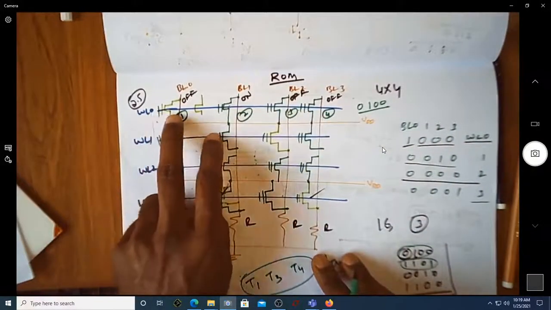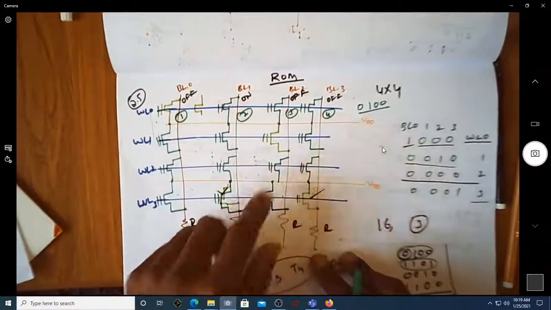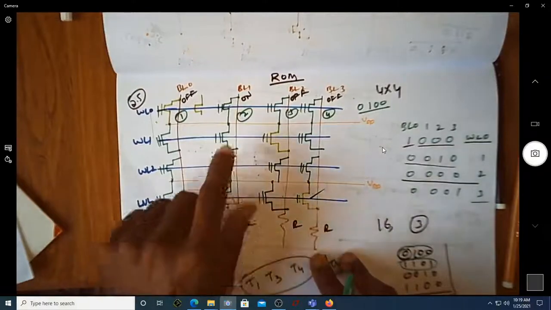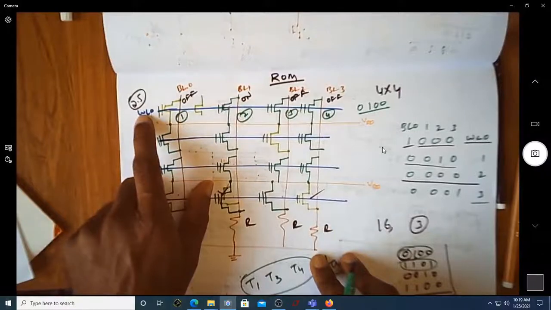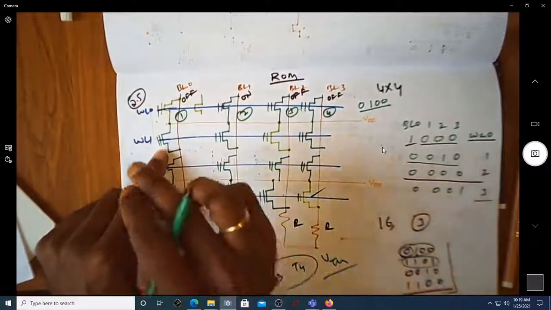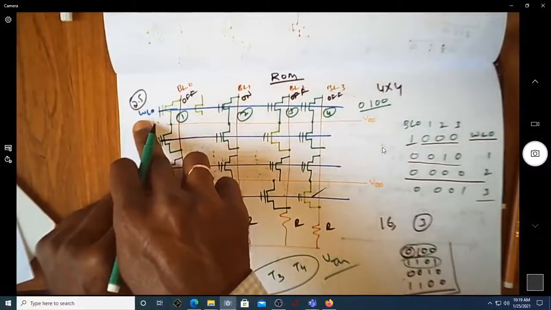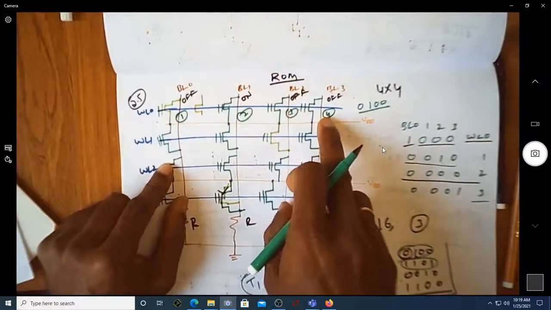Since I want to see a value of 0, 1, 0, 0, these transistors should have different threshold voltages, meaning only transistor 2 should turn on when I apply a word line voltage of 2.5. If I apply a word line of 2.5, transistors 1, 3, 4 should still be off.